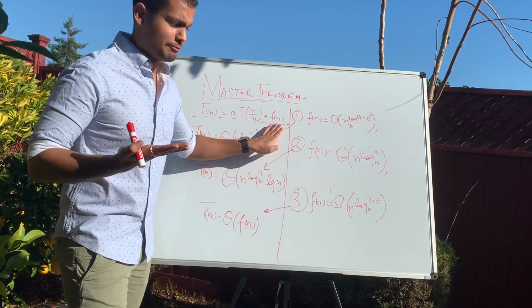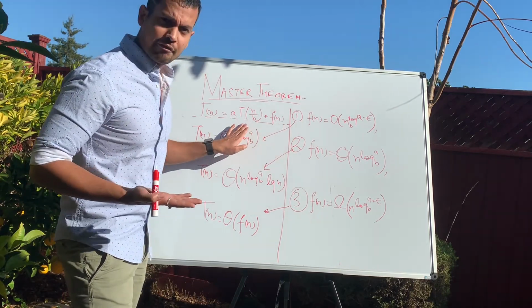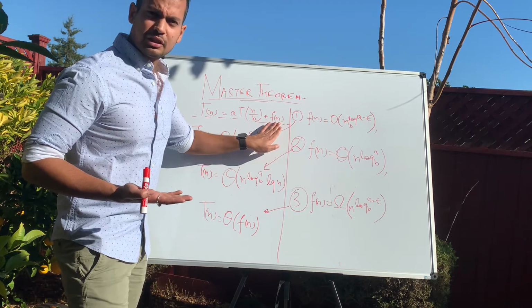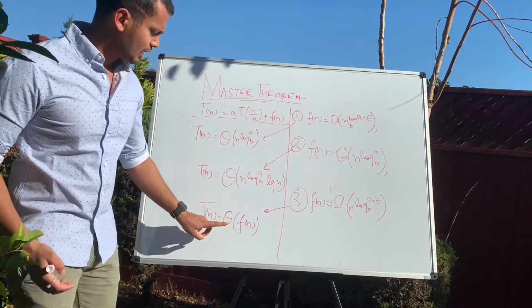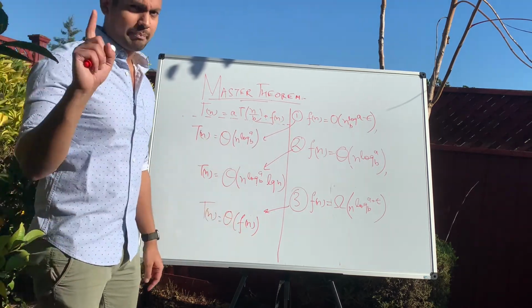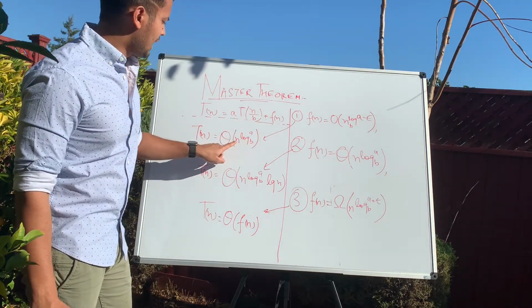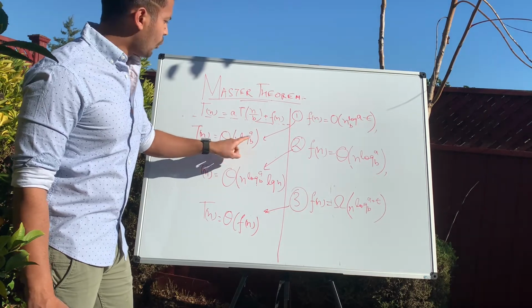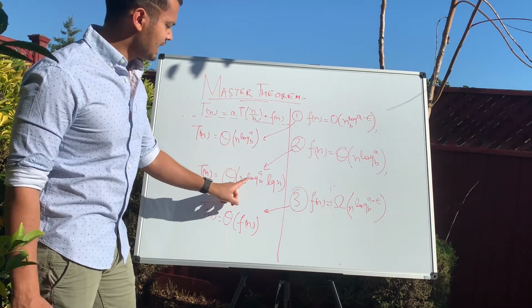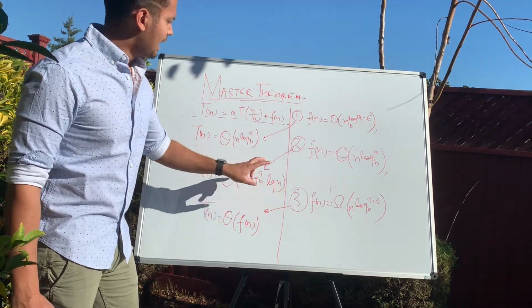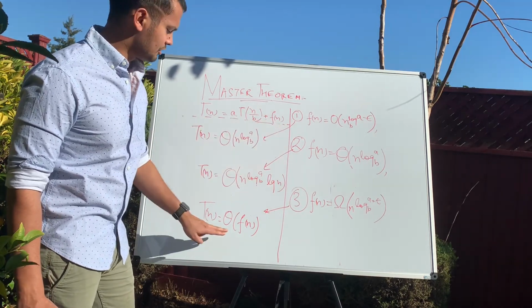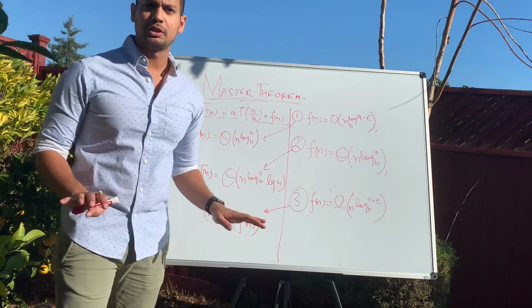It's much more expensive to compute f(n) compared to this half, so it takes precedence, and hence you see theta of f(n). So if you see the pattern, the first one, when this part has the dominance, it's n^(log_b a). When both are equal, it's n^(log_b a) log n. And when this half has the dominance, it's theta of f(n) in very simple terms.